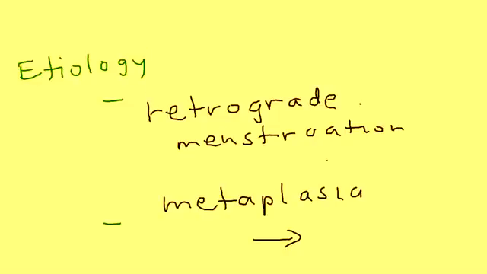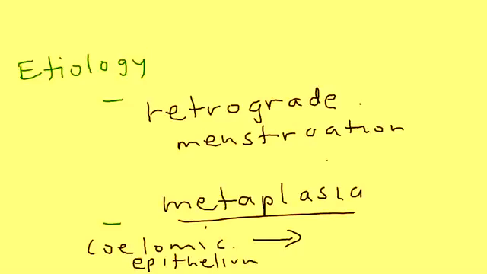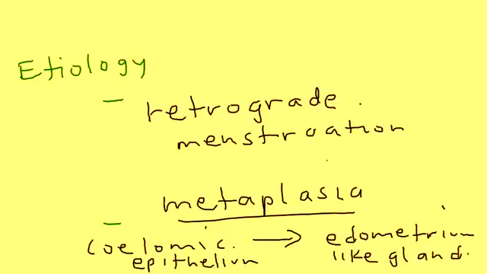So in our example, we're talking about a type of epithelium called coelomic epithelium, which under a process of metaplasia will transform into endometrium-like glands in that location. So that's two accepted hypotheses of why this happens.